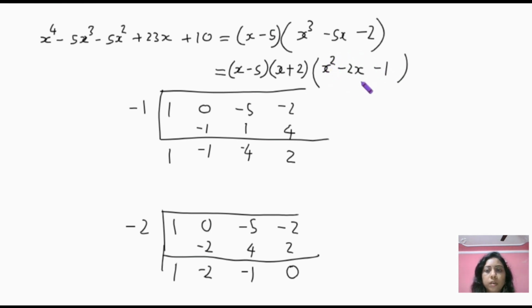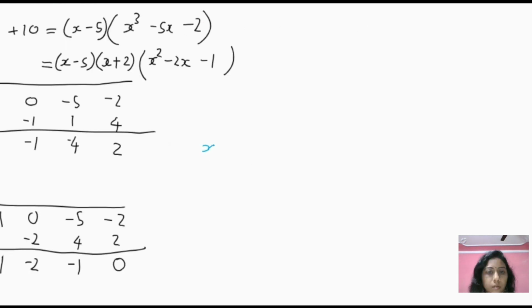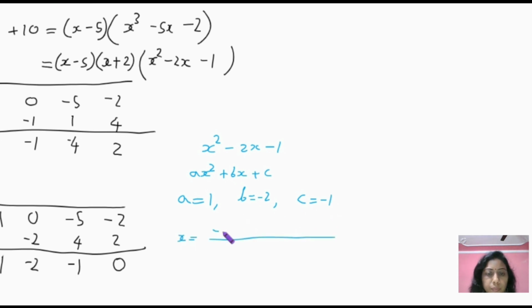For this we have to use the quadratic formula, x square minus 2x minus 1. Here we can compare with ax square plus bx plus c. Okay, and here the a value is 1, the b value is minus 2, and the c value is minus 1. x equals minus b plus minus square root of b square minus 4ac upon 2a.